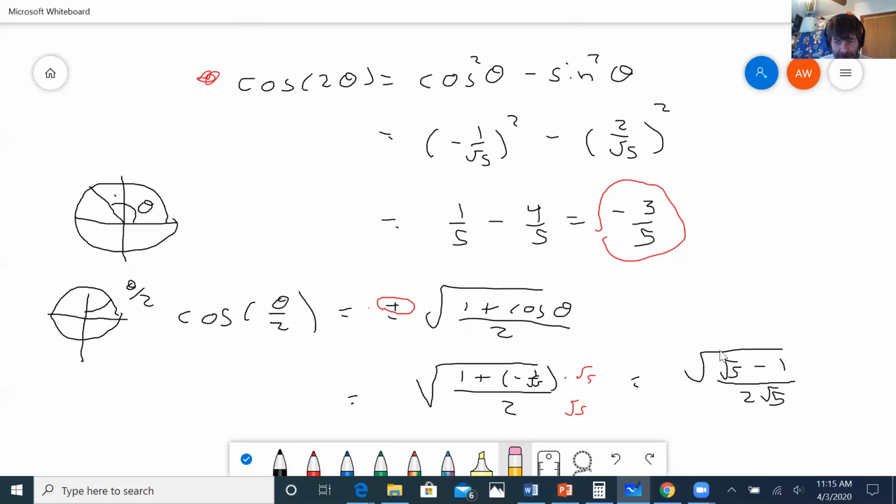And actually, I didn't do a very good job here, but this square root is all still over the whole thing. Mostly just applied my idea. The only thing I really needed to notice right there was that it was positive. Okay, so there goes my answer for that one.